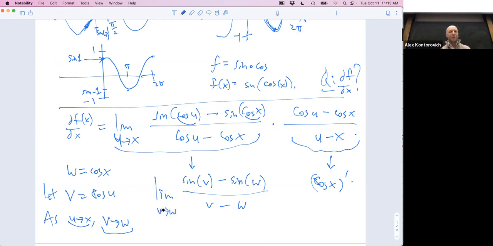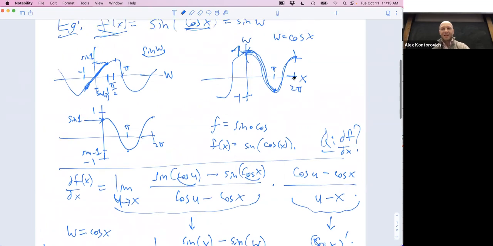We've made this change of variables. If I have some value x and some value u that's getting closer and closer to x, then this is some fixed value w and this is some value v. u is getting closer to x, v is getting closer to w. Over here in the w plane, I have my fixed value of w, and a nearby value v that is getting closer, and now I'm taking this ratio.